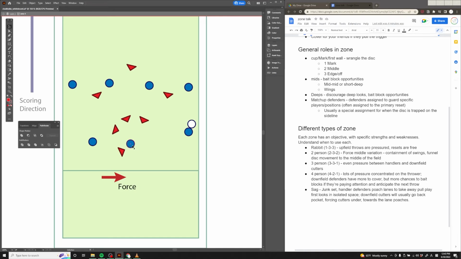When that happens, they are now responsible for covering the nearest primary reset. In this case, that will probably be a reset that is behind the thrower, and they are now, like we called before, a matchup defender. They are now responsible for covering this dump, or if this dump clears out and another dump comes in and is now the closest dump, they are covering the closest viable reset.